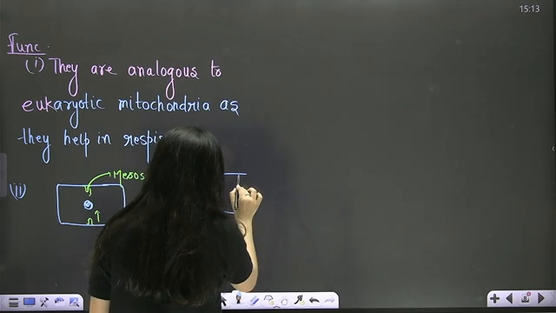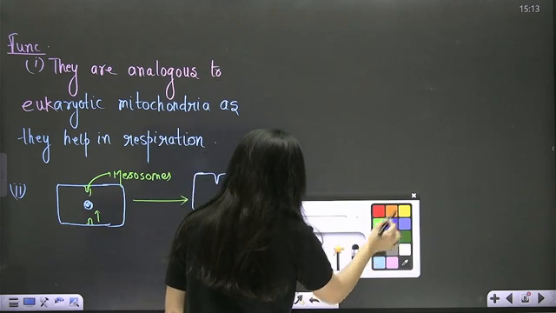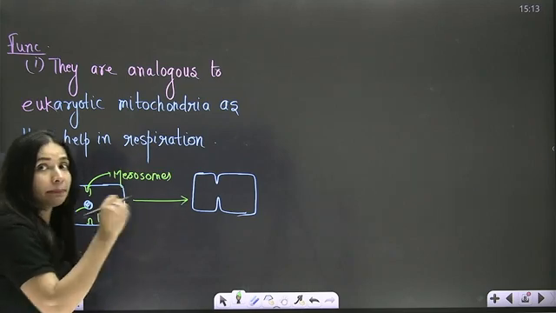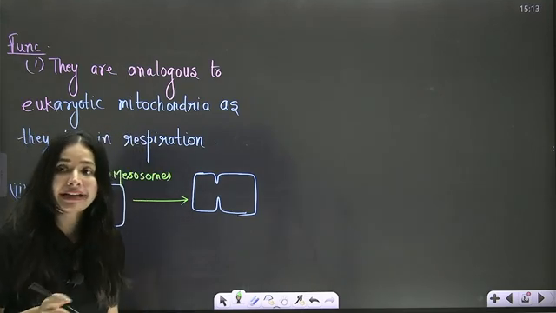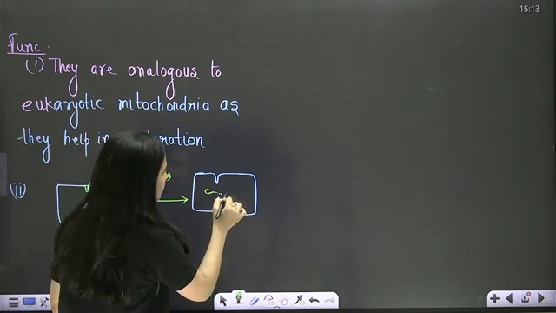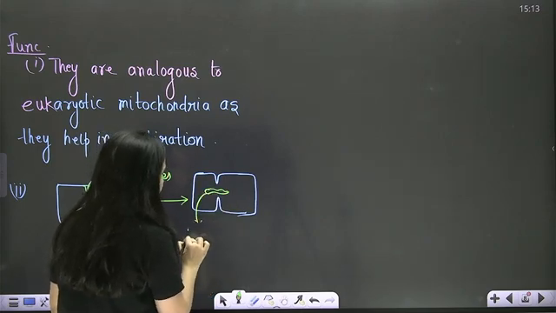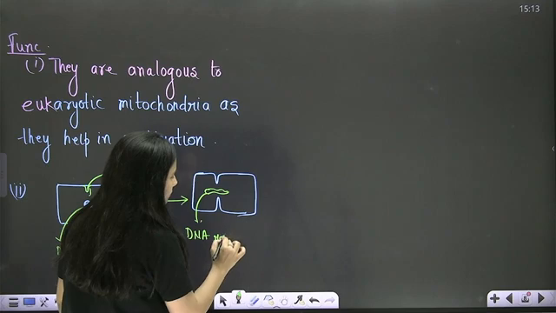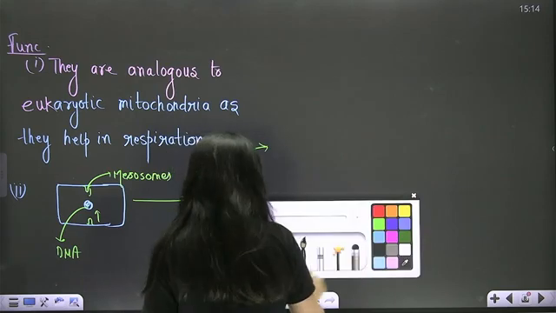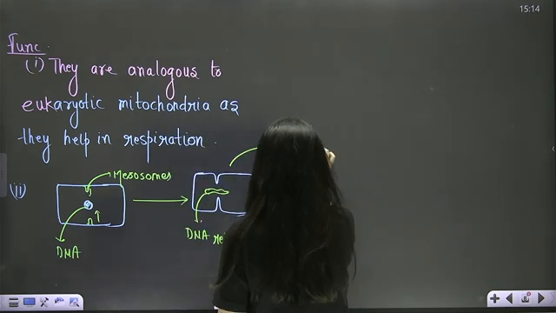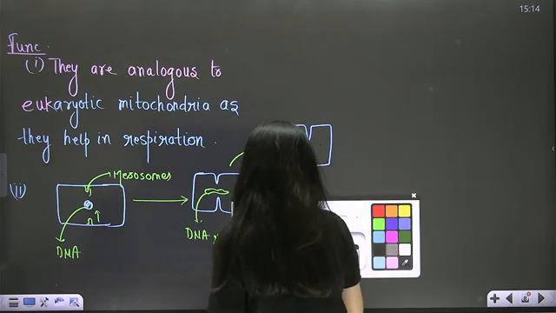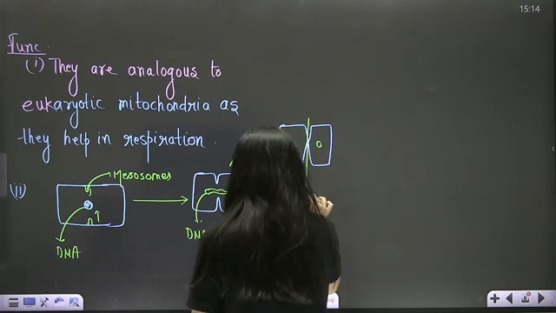While they grow towards each other, they give the signal to the genetic material, this is the DNA, to undergo replication. That means apart from performing respiration and division, they also help in DNA replication. So give signal to DNA replication, and then a time comes when both the mesosomes finally join each other, thus dividing the bacteria into two.